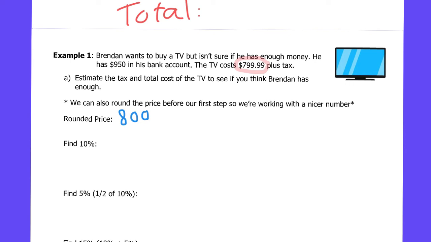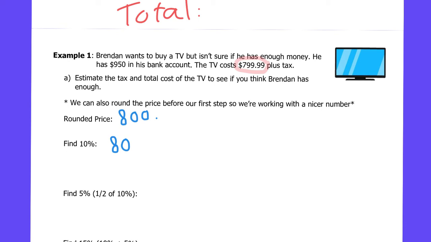So 10% of our 800 here just means we move the decimal place one to the left. So we're going to move that decimal place over here, and now there'd be a decimal there, which means this is $80. So 10% of 800 is just 80.